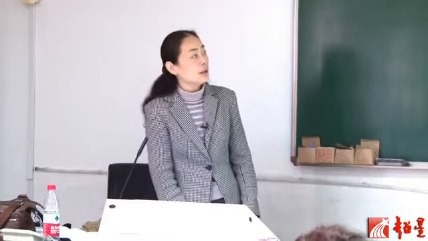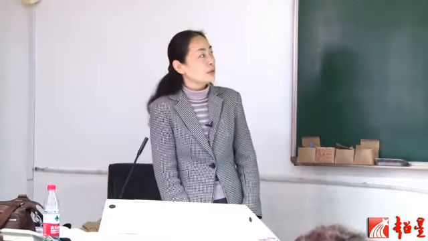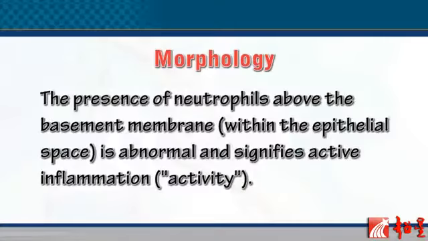This is similar to the inflammation in other organs. The surface epithelium is intact, and there are several neutrophils present among the surface epithelial cells and in the lumen of mucosal glands, just edema and slight vascular congestion.